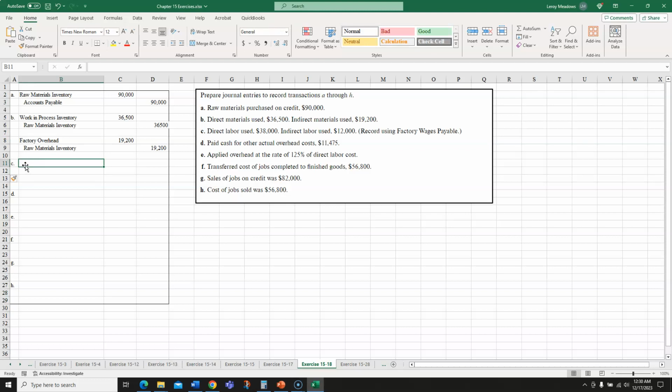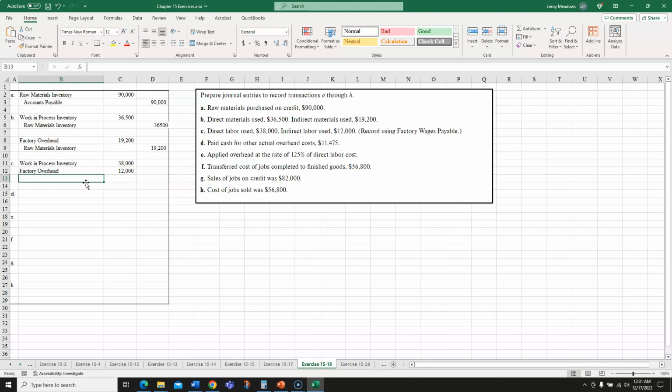So debit work in process inventory for the amount of the direct labor used, and we're told that's $38,000. And for the indirect labor used of $12,000, we would debit factory overhead.